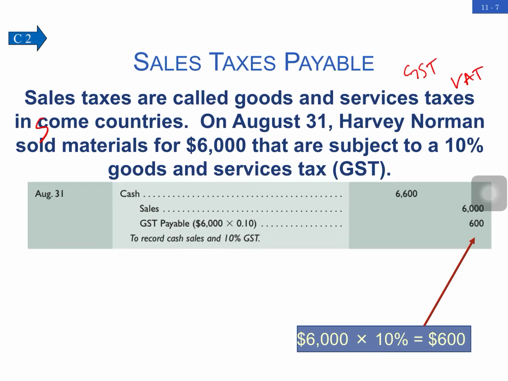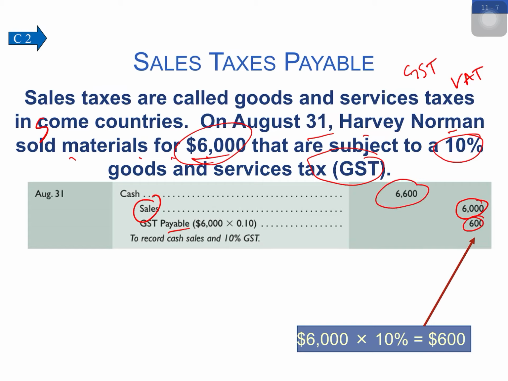It's the same thing. On August 31st, Harvey Norman sold materials for $6,000 that are subject to 10% GST. So Harvey Norman makes sales of 6,000, and from this 6,000, they have the tax payable of 10%. So how does Harvey Norman need to record? Harvey Norman records sales 6,000 and payable 600, and receives 6,600.